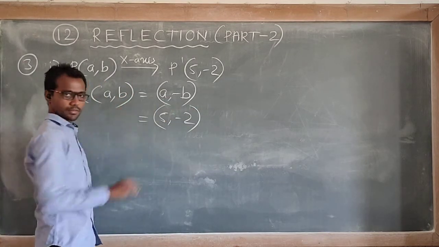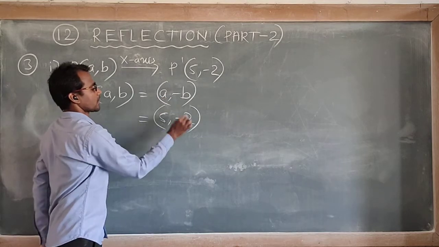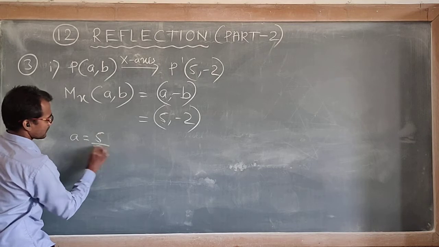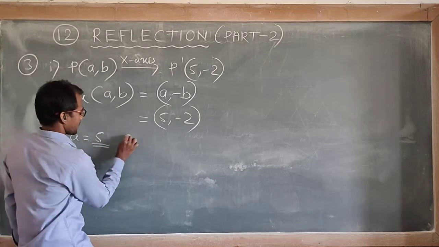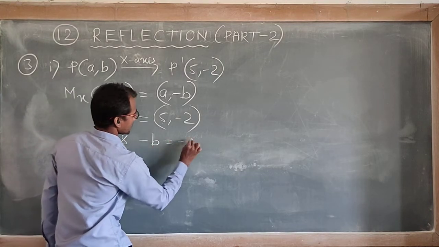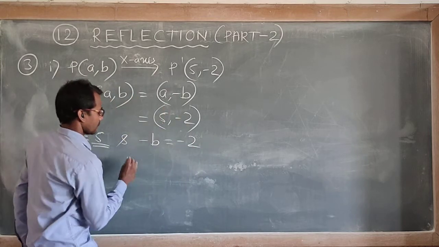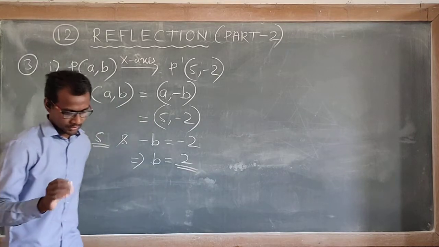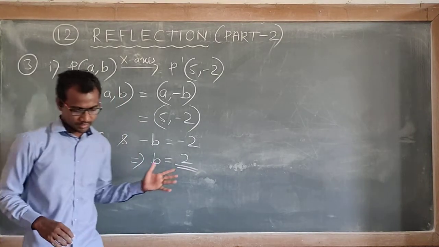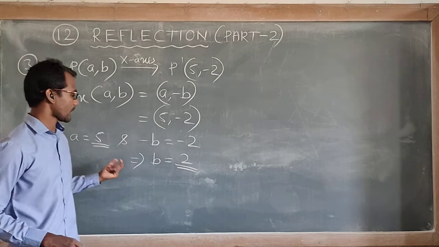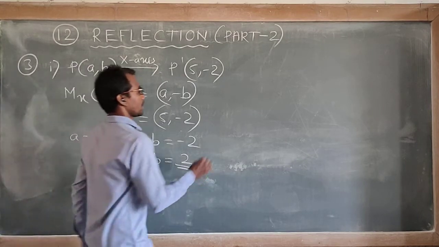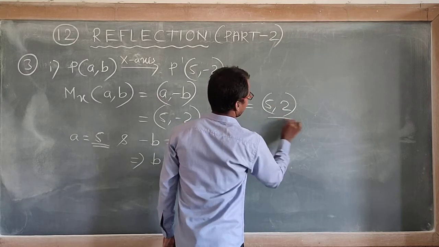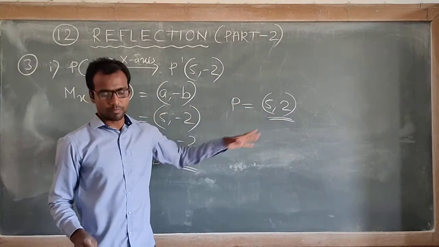Comparing, we get A is equal to 5, and minus B is equal to minus 2, which implies B is equal to 2. So P is 5 comma 2, the original point.